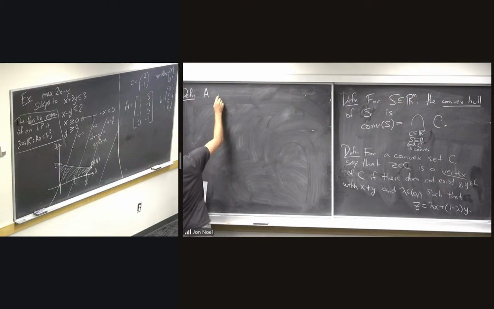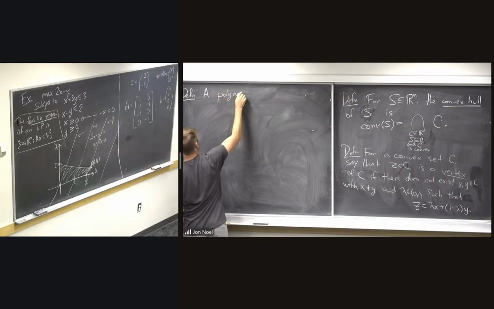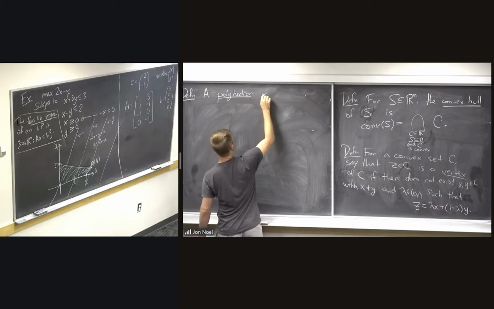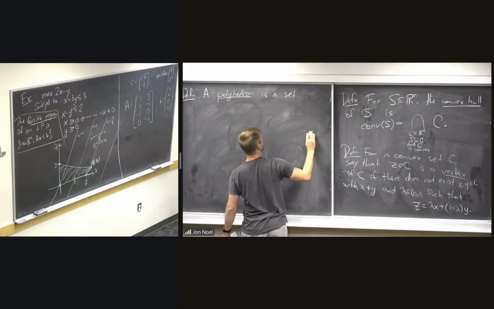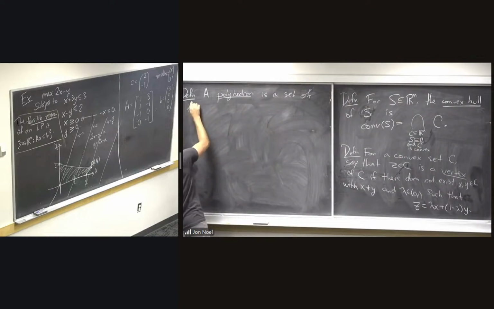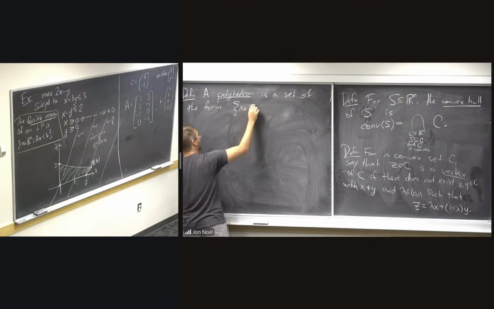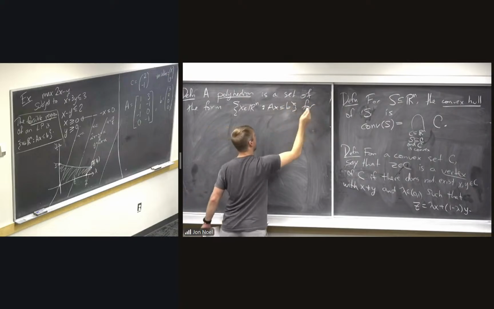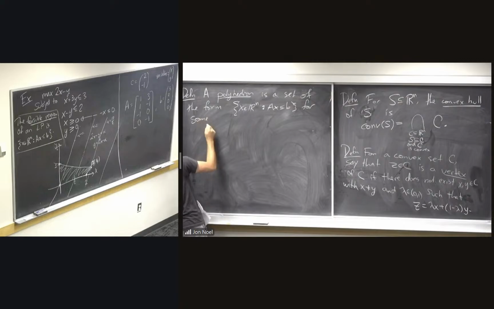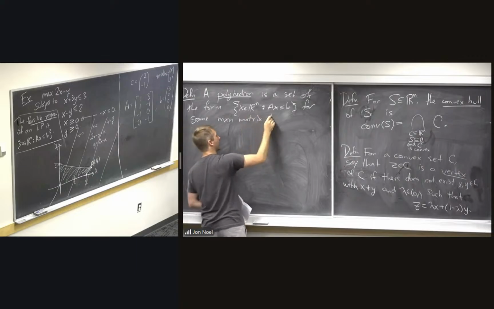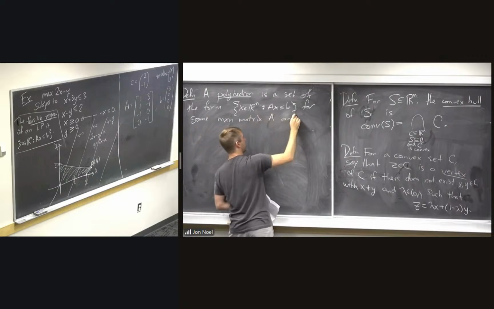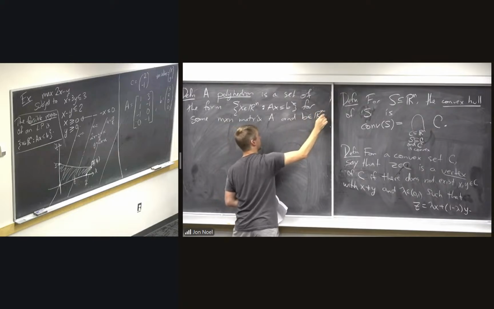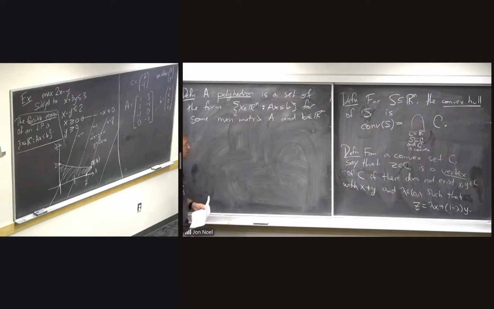A polyhedron is a set of the form: all x in R^n such that Ax is at most b, for some m by n matrix A and some vector b of length m.